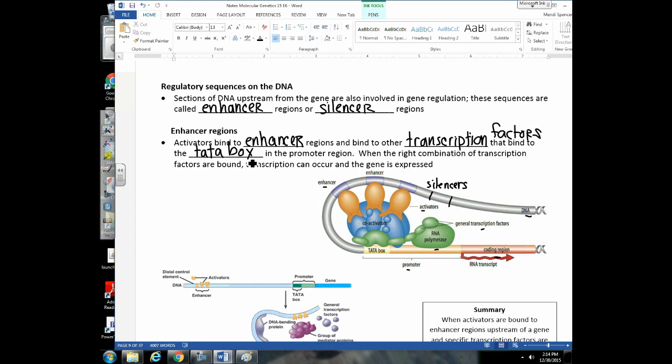When you get the right combination of activators bound to these enhancer regions and bound to these transcription factors, then the gene is going to be expressed. The gene is going to be turned on.